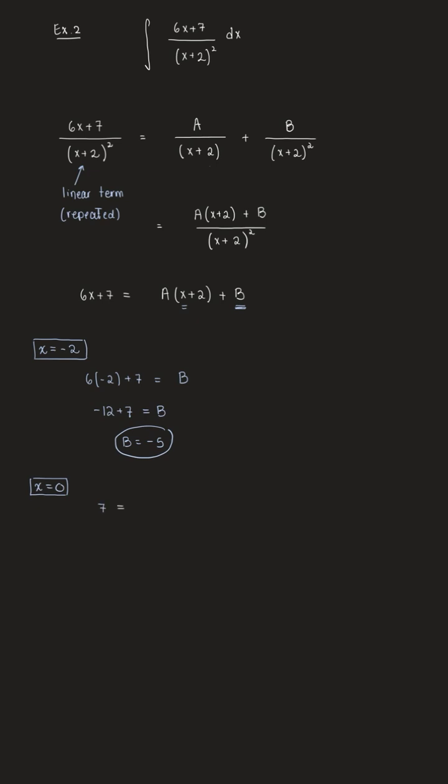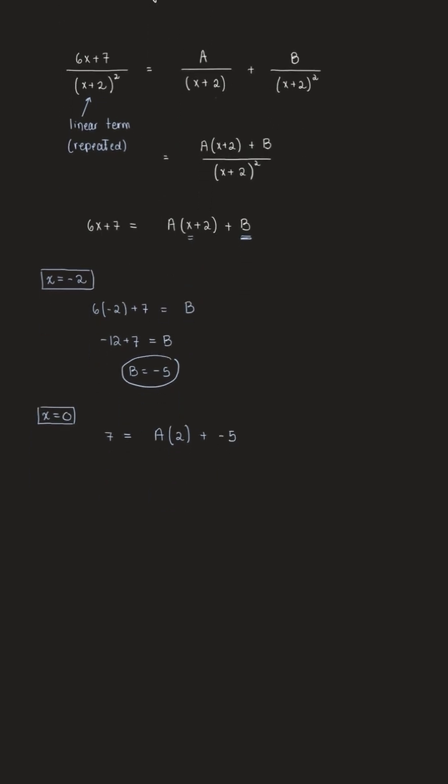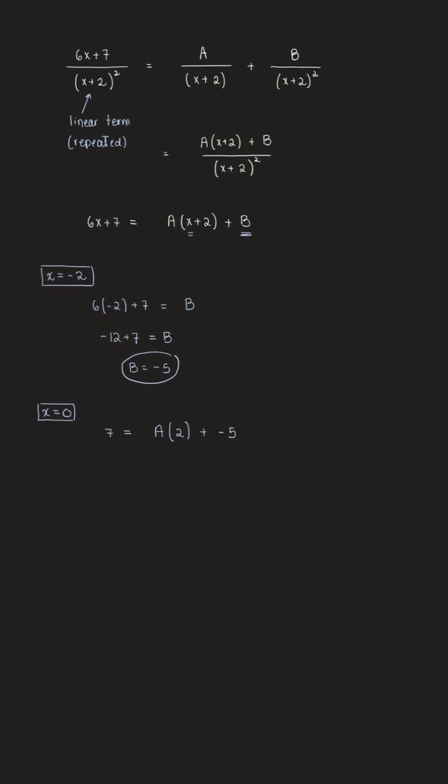On the right side, we'll have A times (0 + 2), which is 2A, and B, which we know is negative 5. So I'm using the value of B that we've already found. I'm going to add 5 to both sides, which will give us a 12 on the left and 2A. Dividing both sides by 2, we see that A is equal to 6. Great, so we have found A and B.